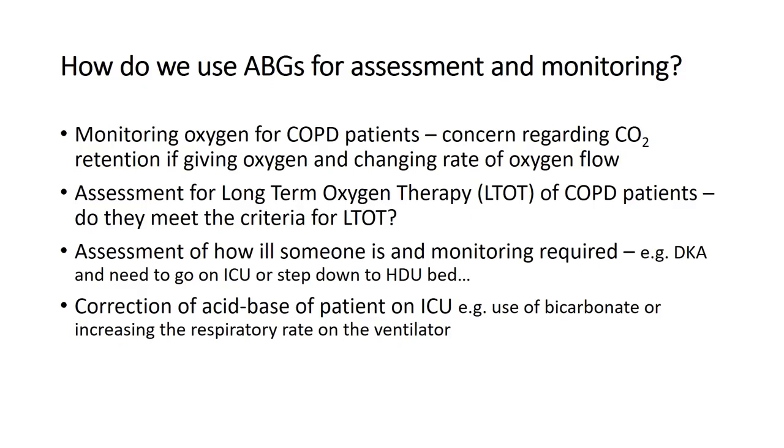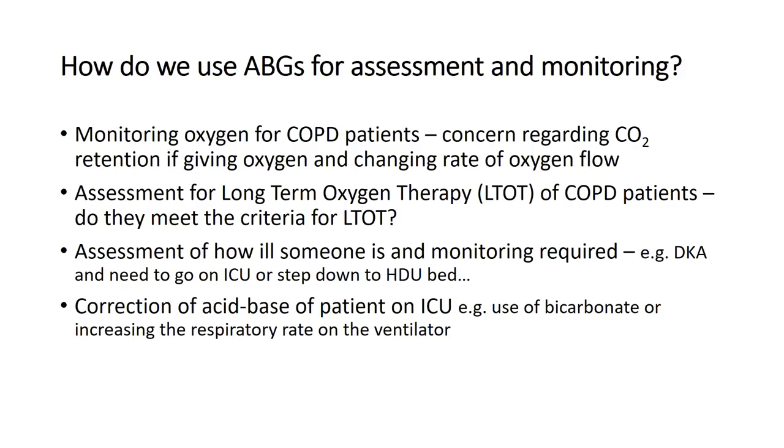So we talked about some of the reasons you might take an ABG, arterial blood gas. You may also consider taking an arterial blood gas for monitoring oxygen for COPD patients, particularly if you're concerned regarding carbon dioxide retention, particularly if you're giving high flow oxygen, as they may retain carbon dioxide, particularly as you reduce their hypoxic drive.